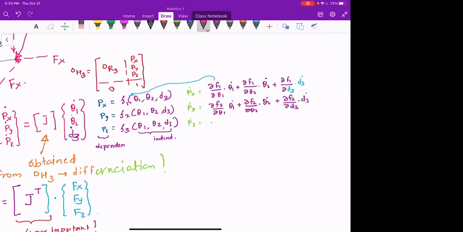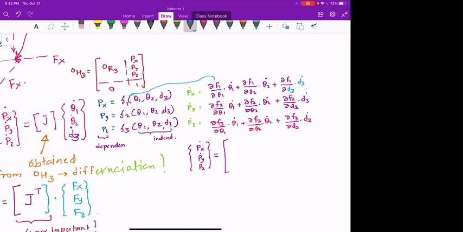Same thing is going to happen here: partial f3 theta 1 dot plus partial f3 theta 2 dot plus partial f3 partial d3 dot. Now this equation can be written as Px dot, Py dot, Pz dot. And please understand that we are not going to do these calculations by hand.